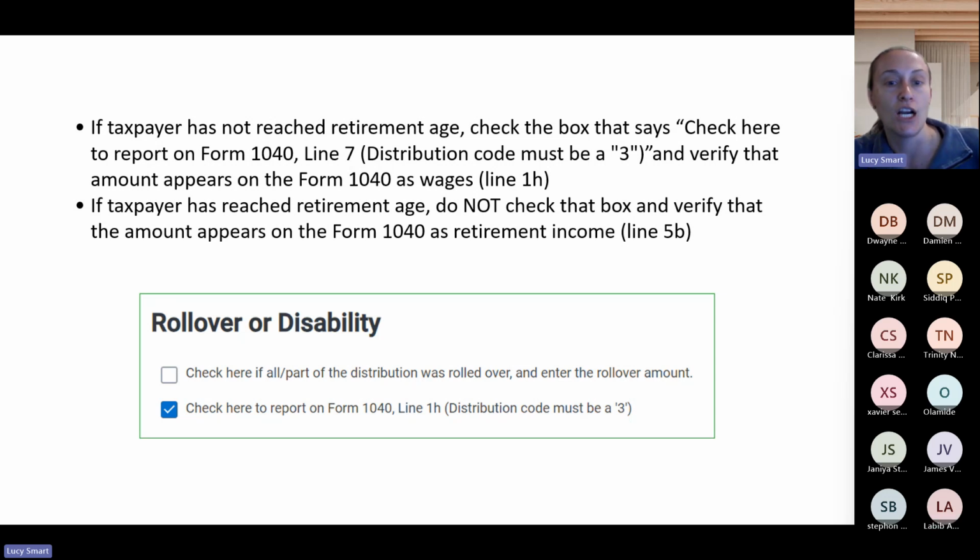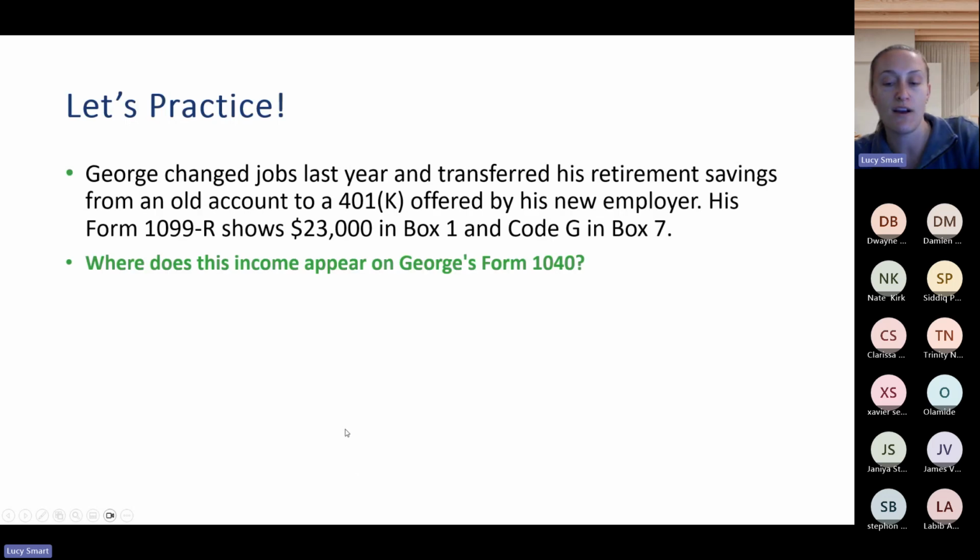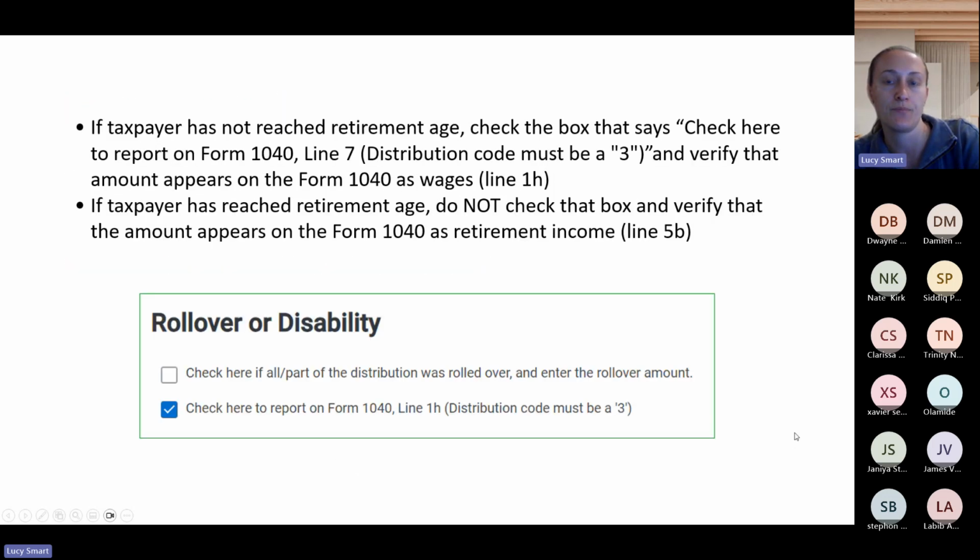If the taxpayer has already reached retirement age, but they still have a code 3, you do not check this box because that's just going to count as retirement income for them. But if they are not of retirement age, know that you do have to check this box in order to potentially qualify them for the earned income credit.